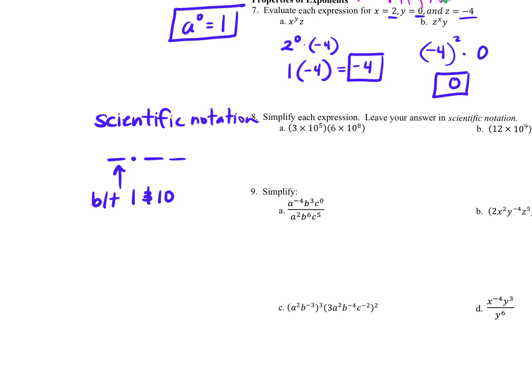It's got to be something less than 10, if you will. So like 9.23 times 10 to some power would be scientific notation, but 92.3 times 10 to the something power is not scientific notation. So just make sure you only have one number in front of your decimal point. And if you do that, then you'll be fine, okay?